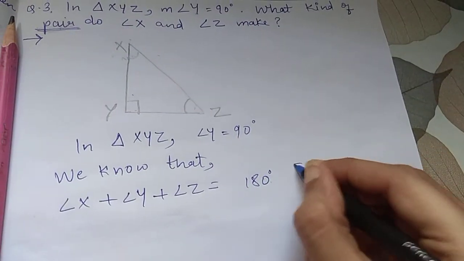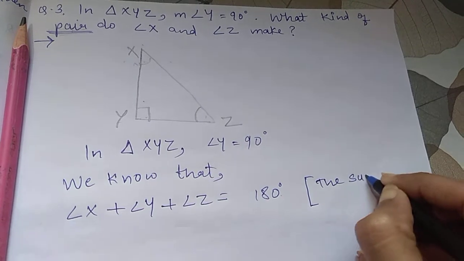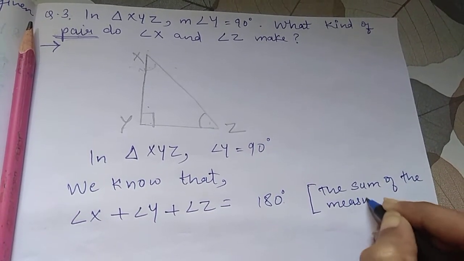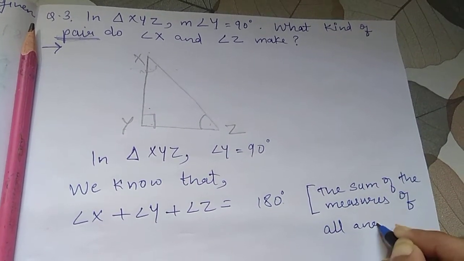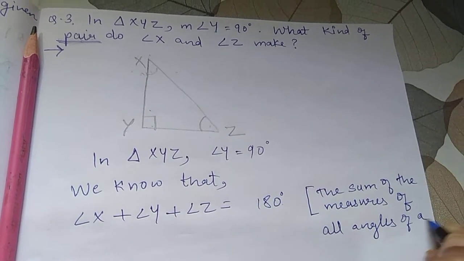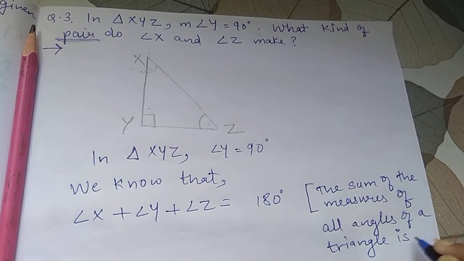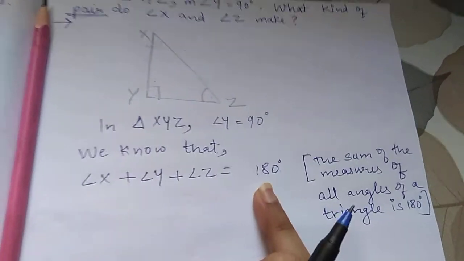So we have to write here the property which we have used. The property is the sum of the measures of all angles of a triangle is 180 degrees. This property we have used here.